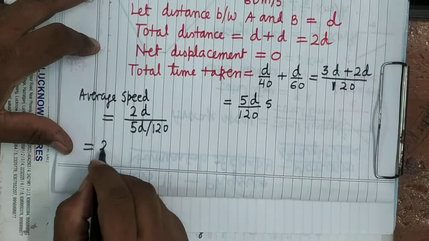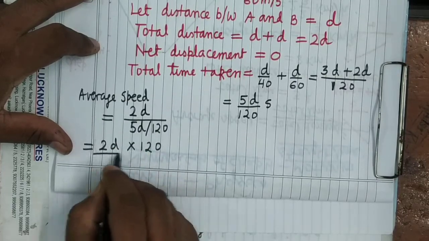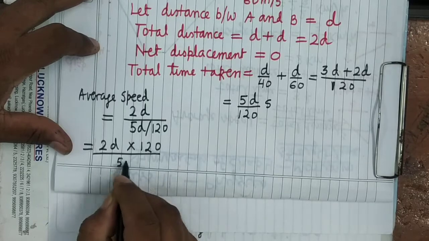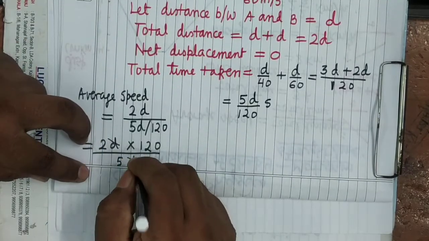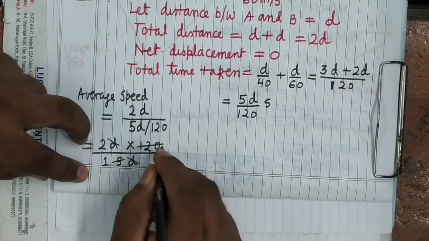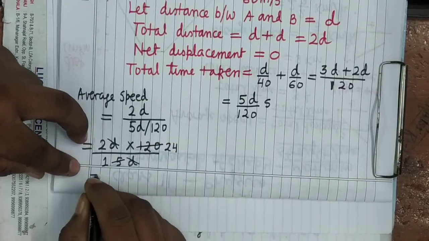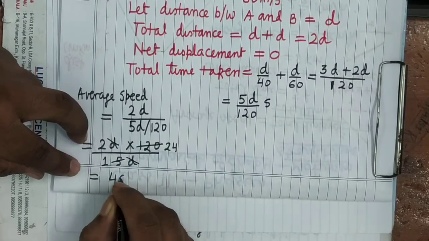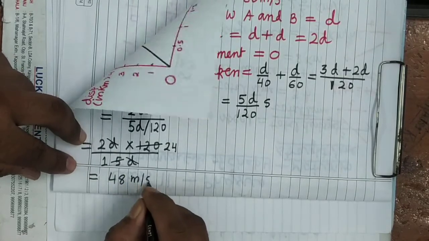So it is equal to 2d into 120 upon 5d. d and d cancel. 5 into 24, so it is equal to 48 meter per second.